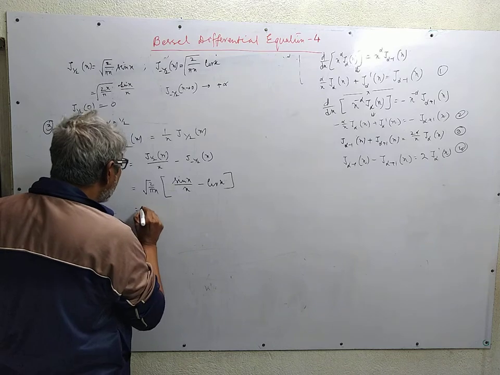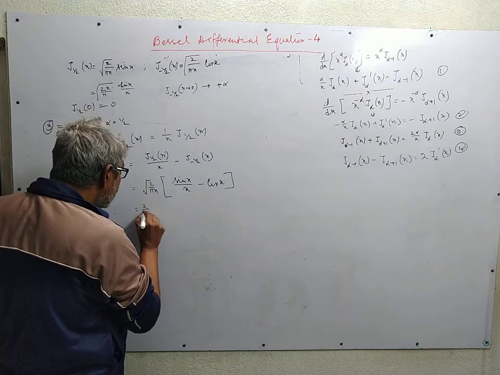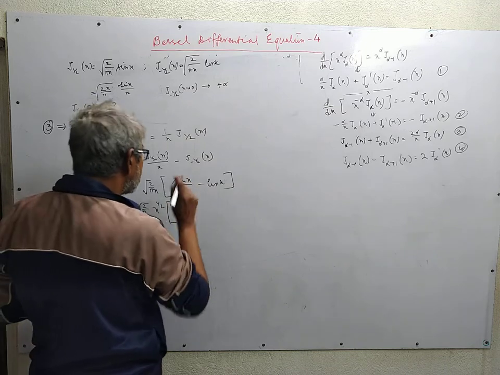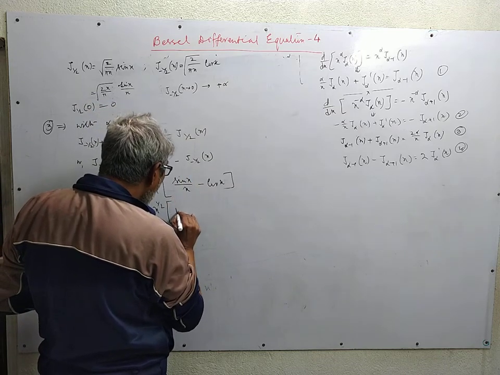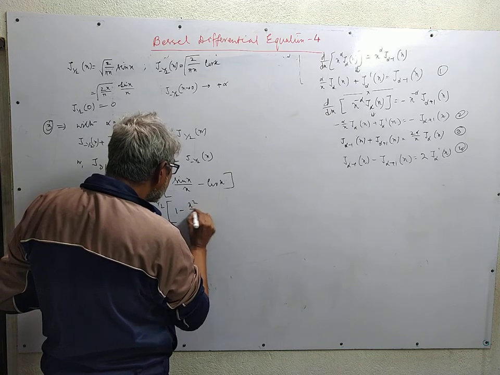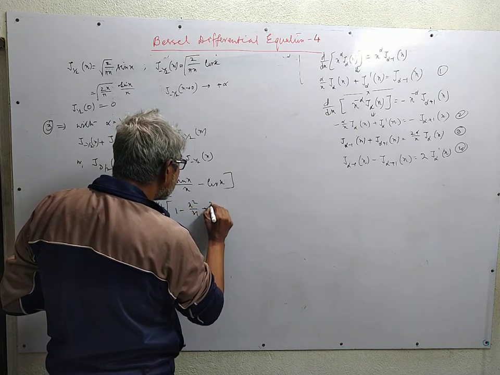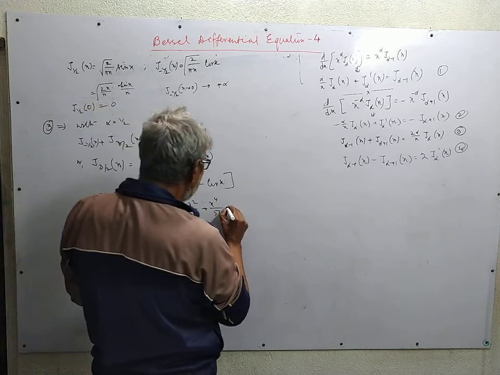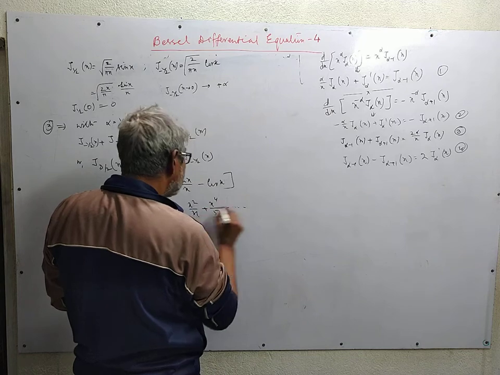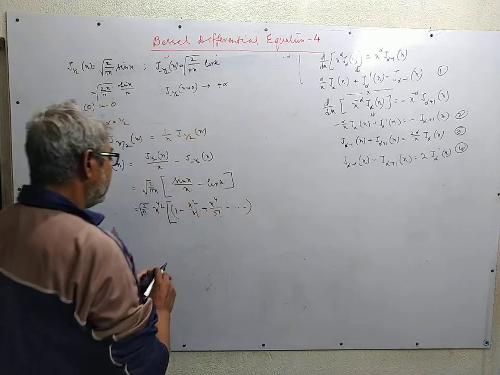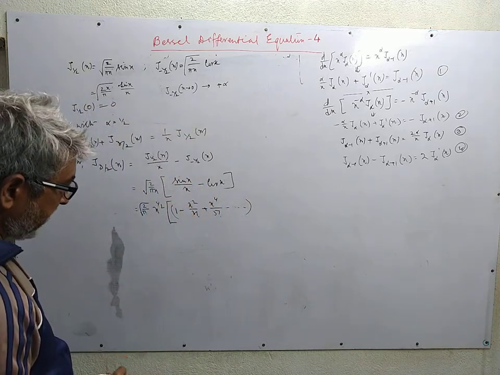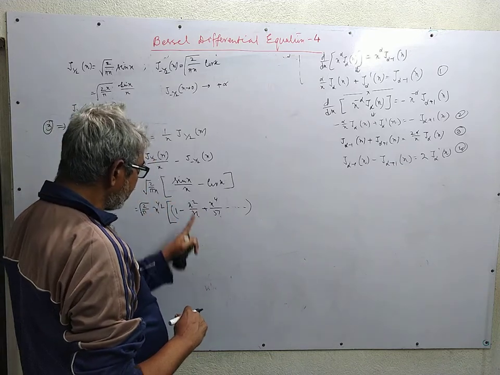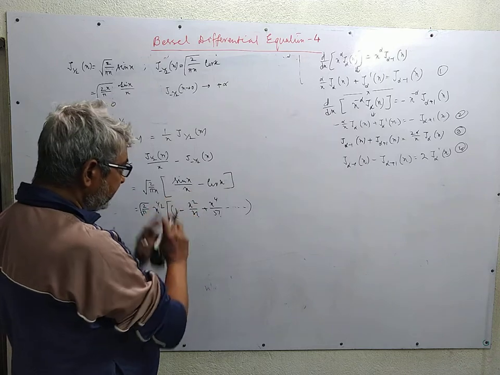We write it as 2 by pi times x to the power half. Then for this I write 1 minus x square by factorial 3 plus x to the power 4 by factorial 5 minus, this is for sin x by x. Note that sin x, as per Maclaurin expansion, is x minus x cubed by factorial 3, and this has been divided by x.